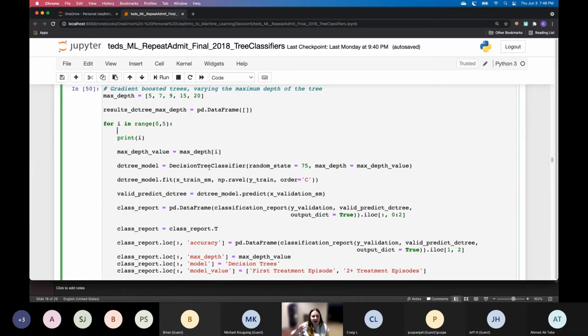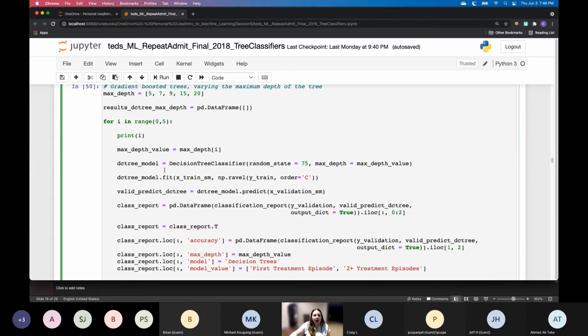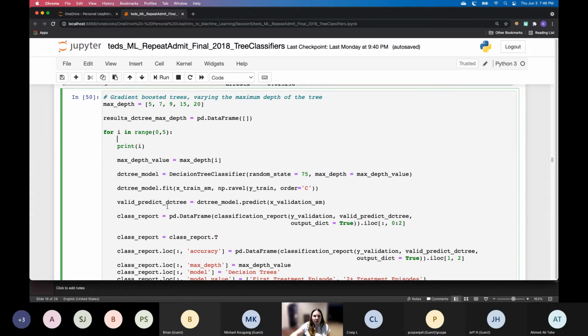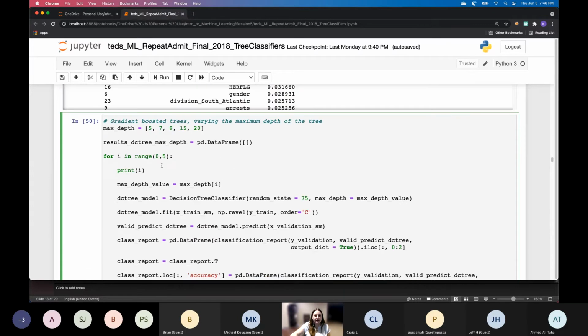In Scikit-Learn, the easiest way usually to do grid search is actually to put it in a for loop, because you're able to pull out more information along the way. In this case, I tried multiple max depths. I believe there is a default in Scikit-Learn. I would have to look it up to find out what it is.